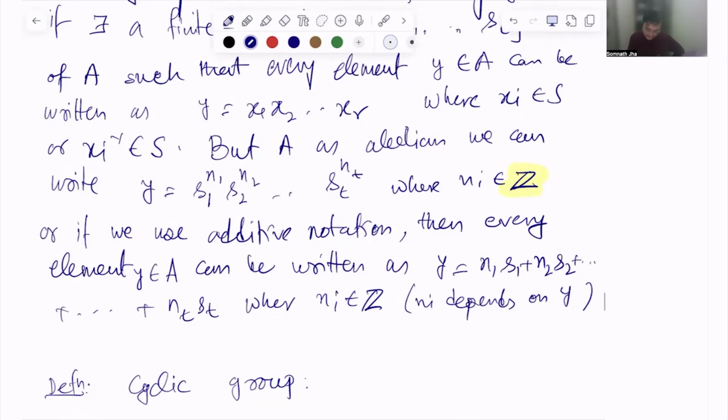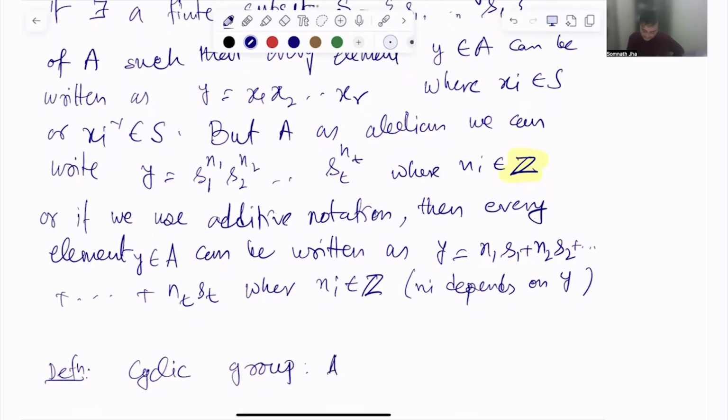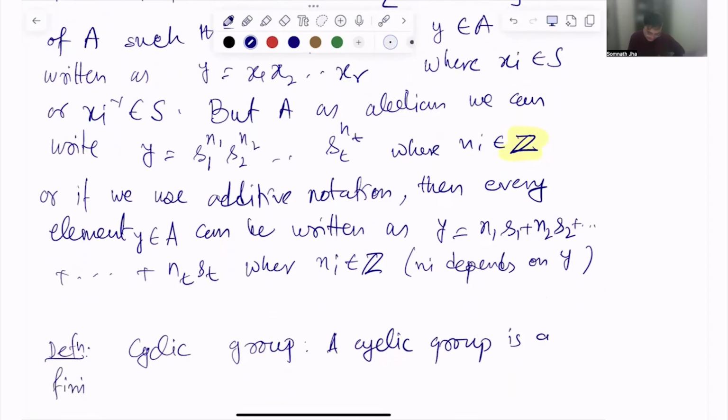In particular, a cyclic group is a finitely generated abelian group.